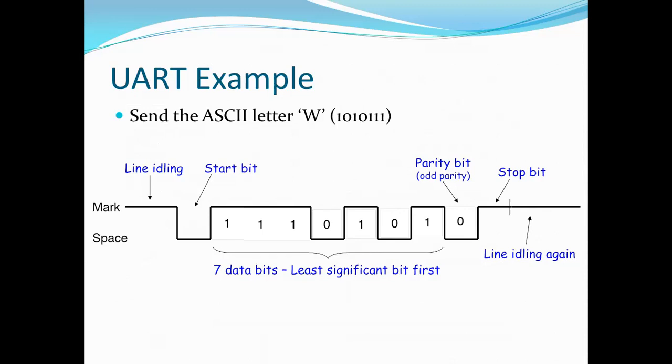The start bit is low. Then the data bits are sent, 1, 1, 1, 0, 1, 0, 1, then the last bit is the parity bit, and a stop bit which is high, and the line becomes idle after transmitting the ASCII letter W. This is how data is transmitted from source to destination by using a UART.